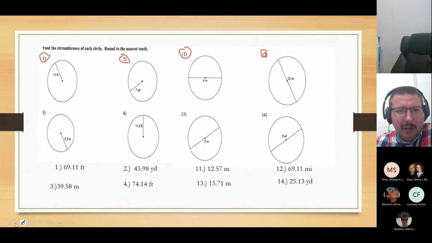The story goes that, using 2 sticks and the shadow cast by the 2 sticks, his name was Aristophanes, he calculated the circumference of the earth, and he was within 1,000 feet of being correct, which I thought is pretty cool.